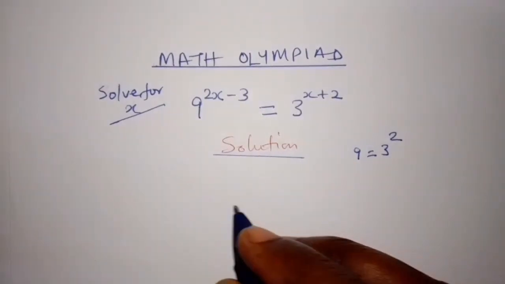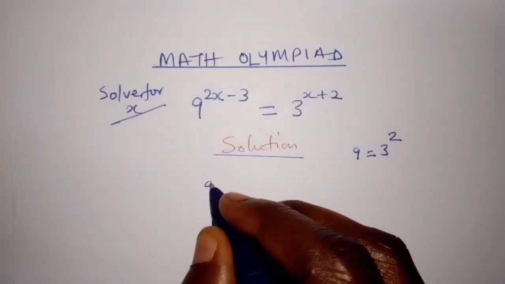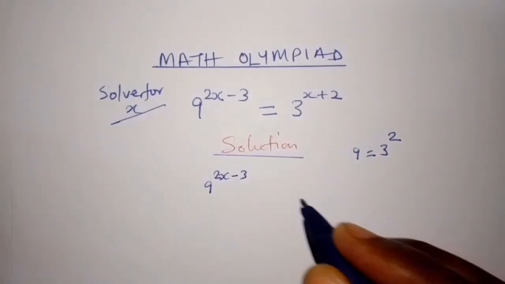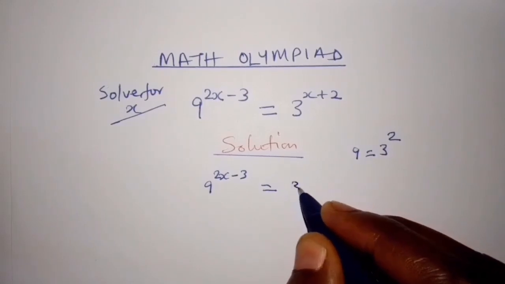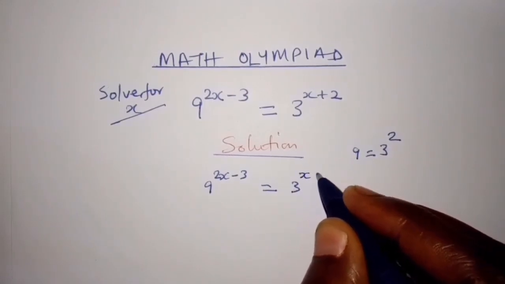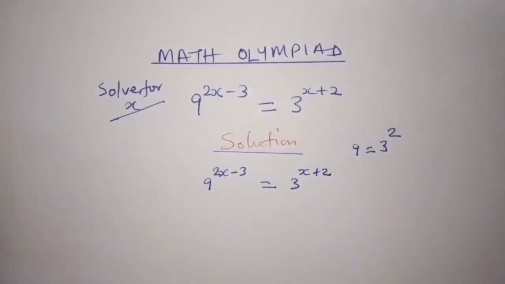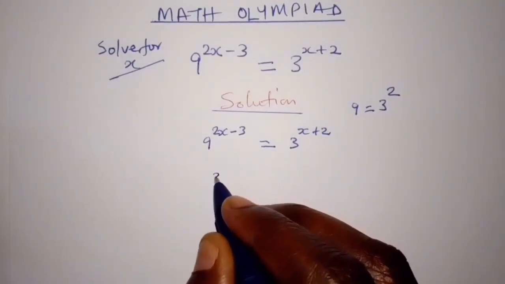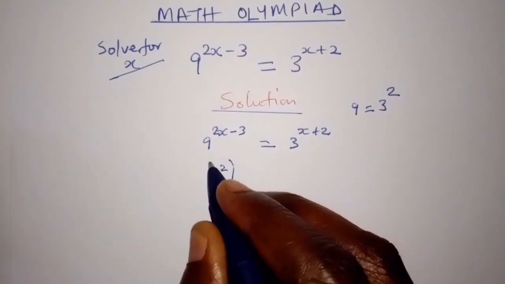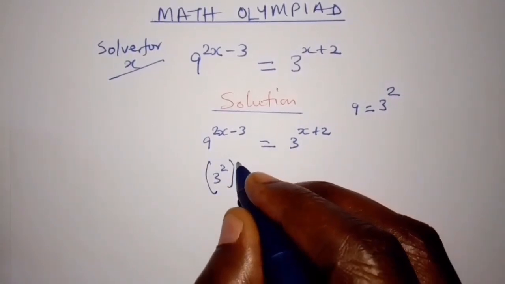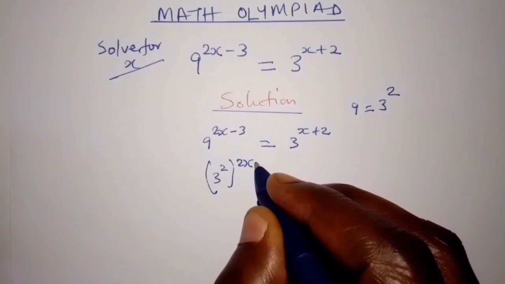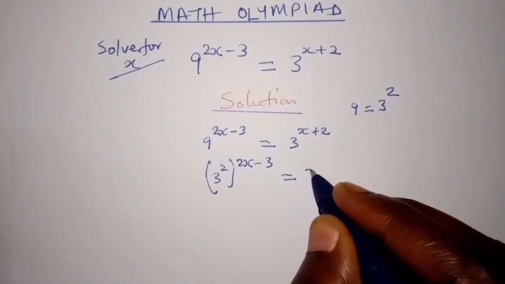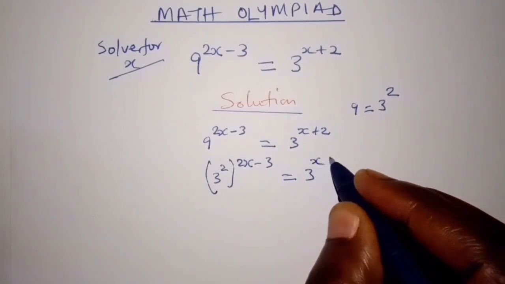So we can say this is 9 power 2x minus 3 is equal to 3 power x plus 2. 9 is 3 power 2 in brackets 2x minus 3 is equal to 3 power x plus 2.